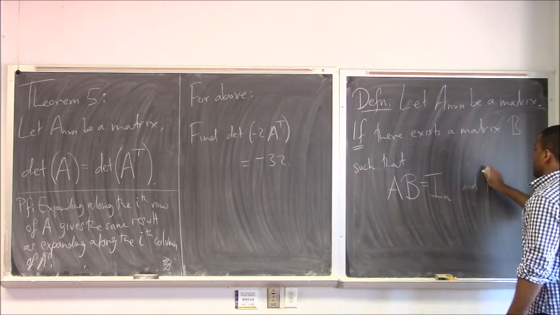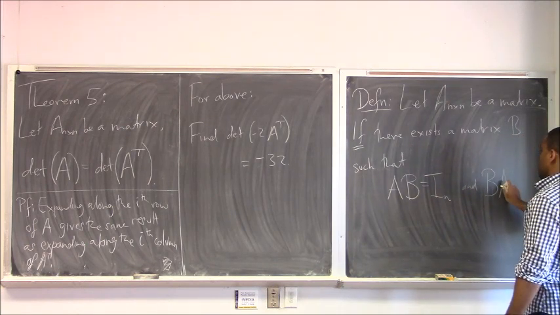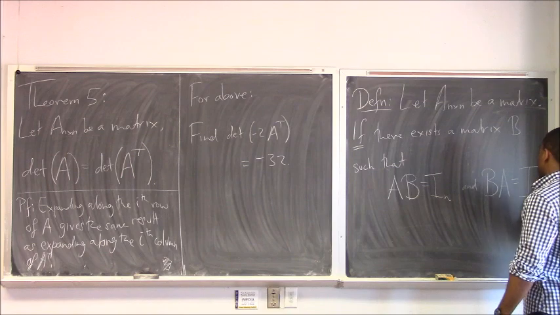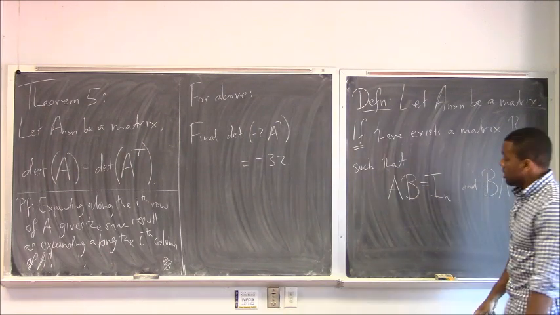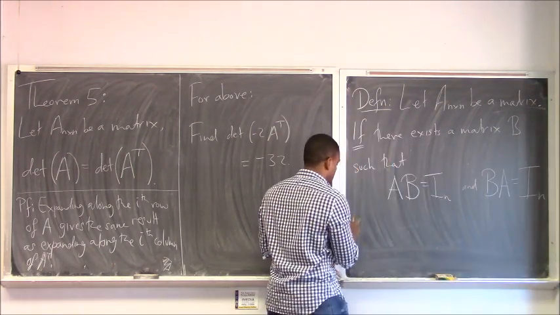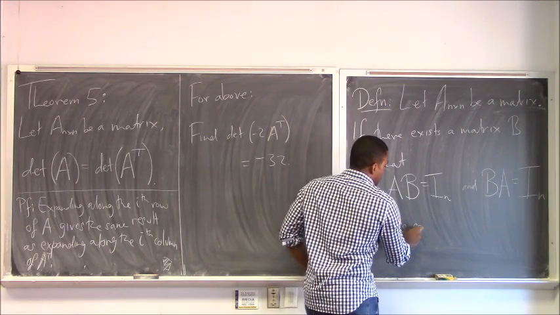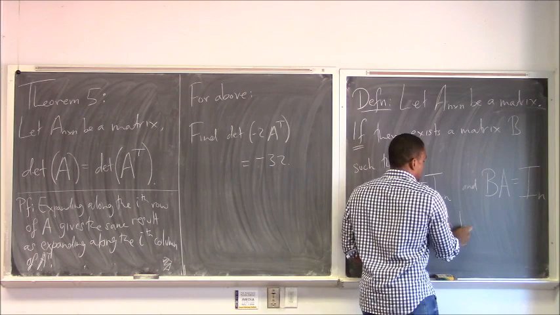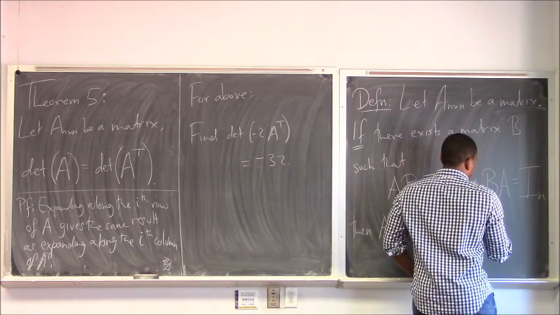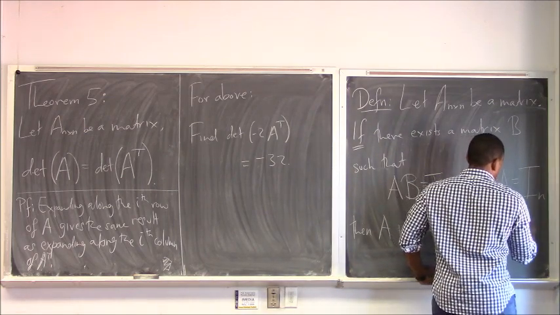And conversely, it actually commutes. If I take B multiplied by A, I get the identity. Then A is said to be invertible.